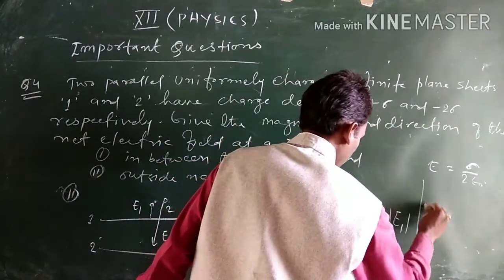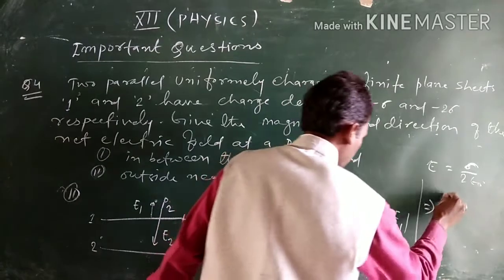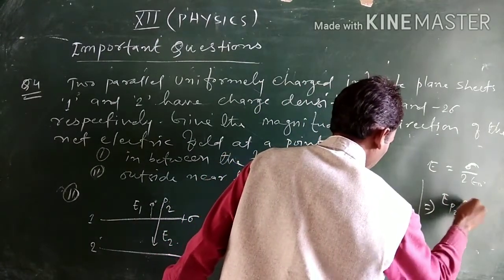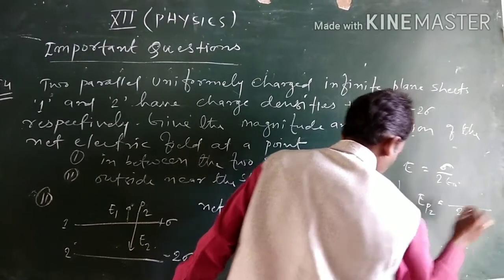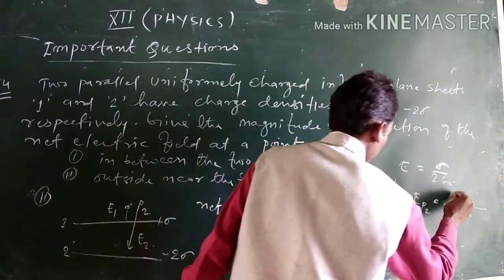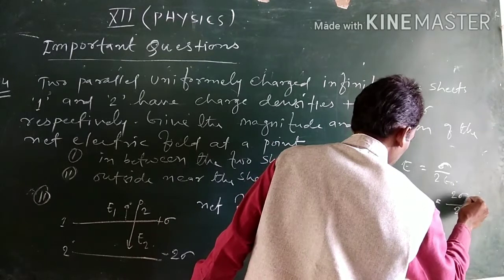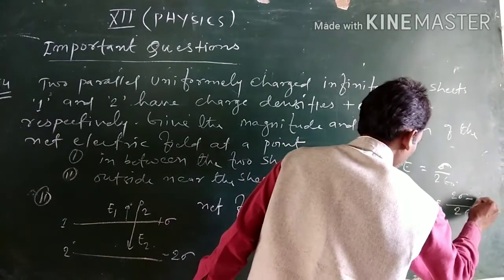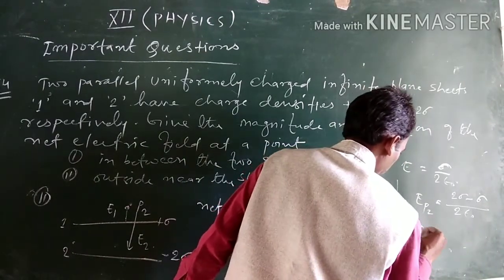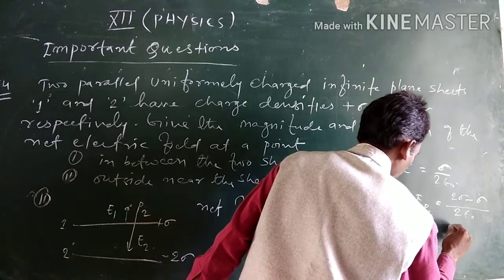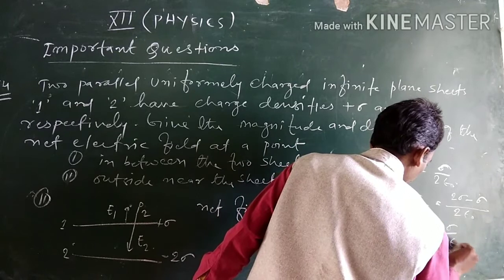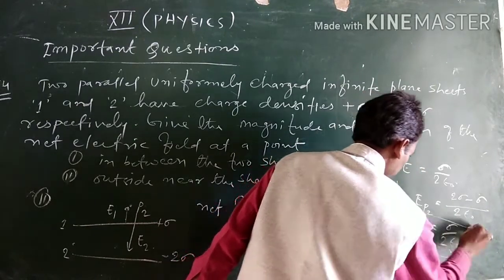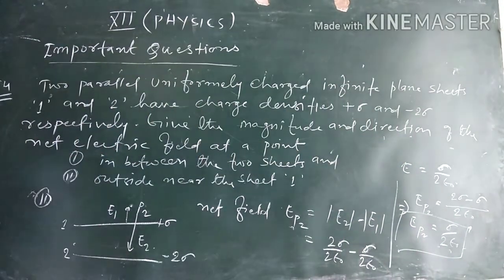Then our final equation: E at P2 is equal to 2 sigma minus sigma over 2 epsilon naught, that means 2 minus 1, that is 1, so sigma by 2 epsilon naught.